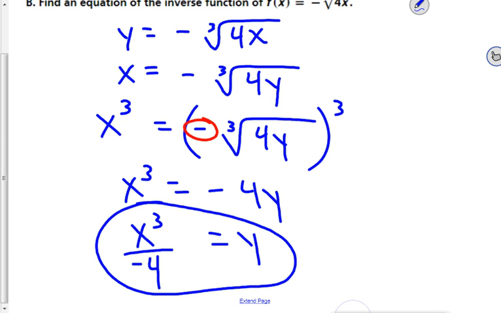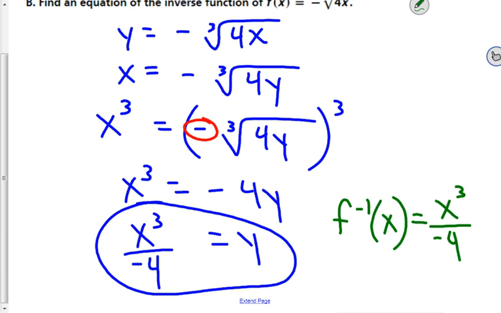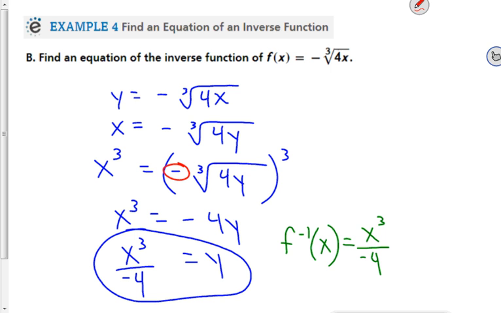And if we wanted to, we could write this in function notation, and this is probably important to say. Instead of saying y equals, we would say the inverse of f of x equals x cubed over negative 4. We're going to graph the original function as y1.